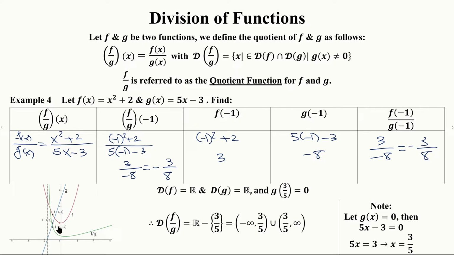Now this is actually a two-piece function. There's another piece down here which I didn't have space for. Because the place where this denominator becomes 0 splits this graph up into two parts, literally tears it up into two parts.